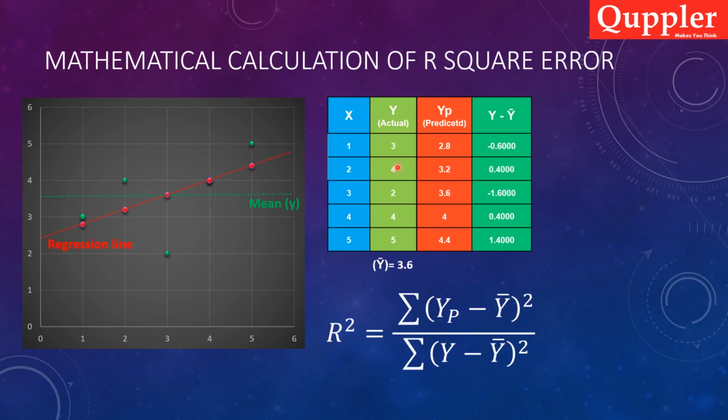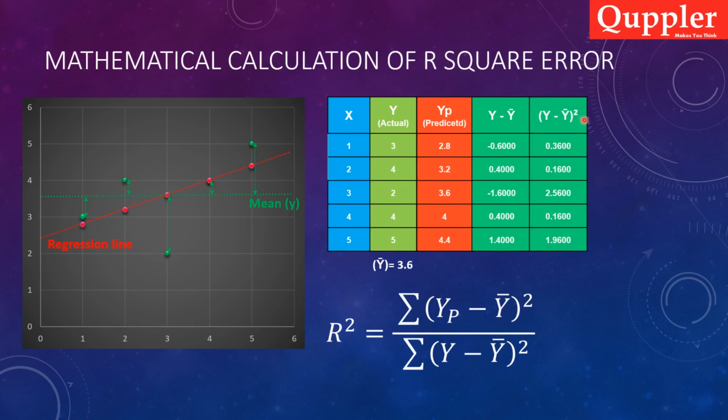In a similar way we calculate for each data cell, such as 5 minus 3.6, and take the whole square of it, which removes all the negative signs. In a similar way we do it for yp minus y bar, and calculate the summation, which here is 5.2.